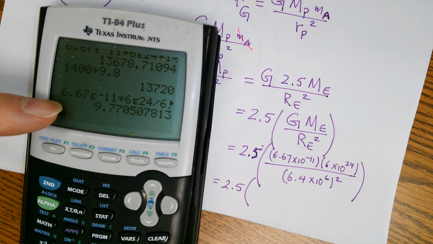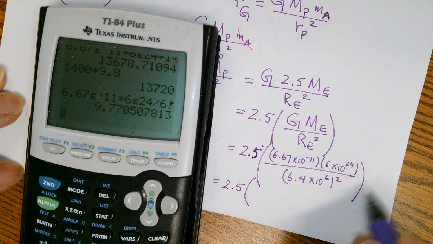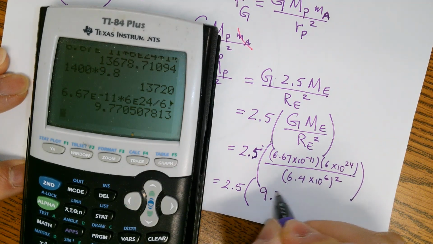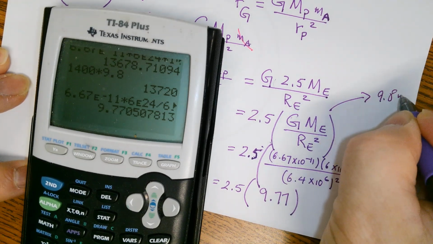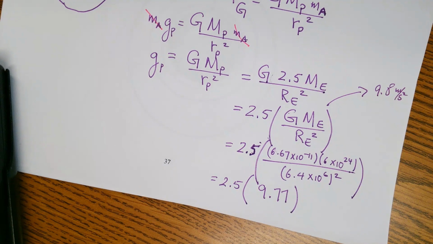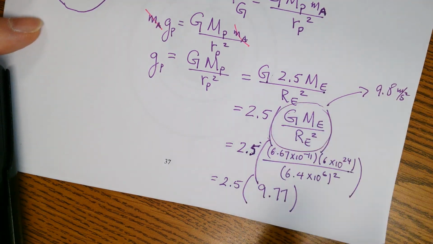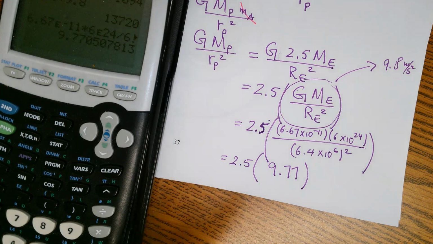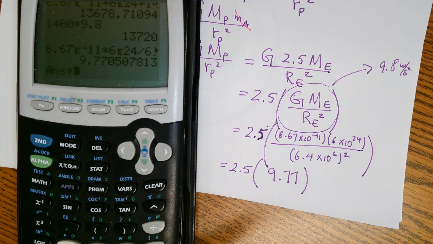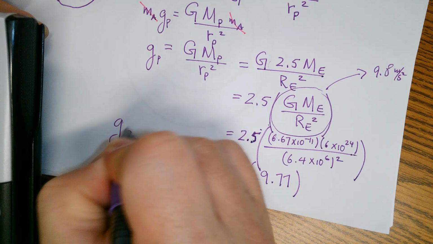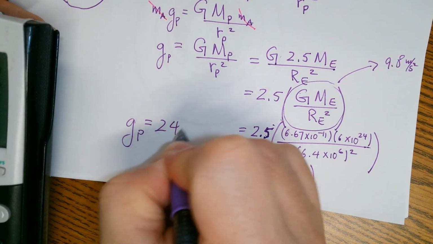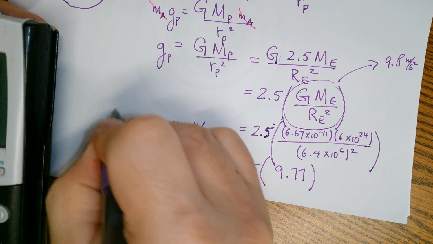That looks like the acceleration due to gravity of the Earth, 9.77 or 9.8. So all this mess is that. So the acceleration due to gravity on the planet is just that times 2.5. And we get g for the mystery planet of 24.4 meters per second squared.